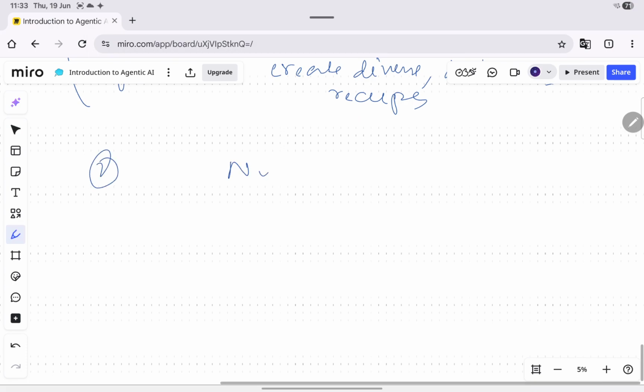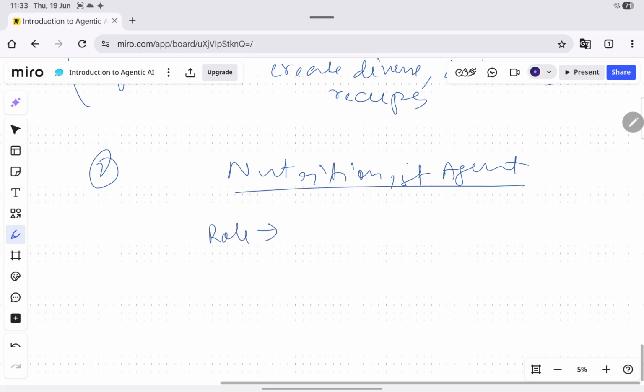The second agent is the nutrition agent. Here the role is a clinical nutritionist specializing in diabetes.